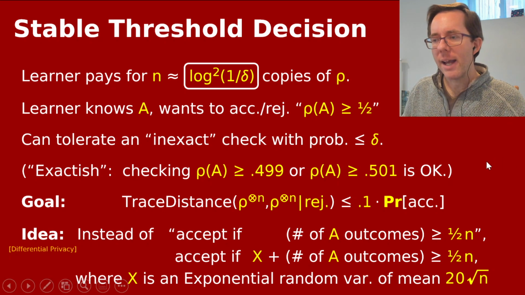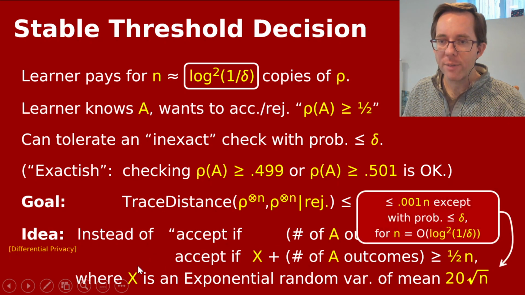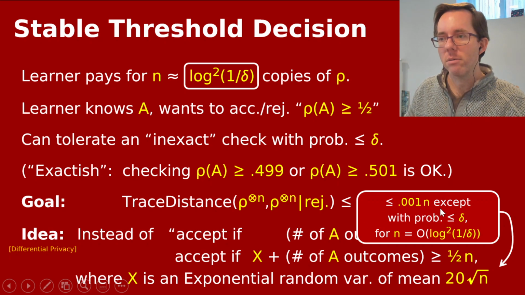And you can see that, first of all, as long as the random variable x, the amount of noise, is kind of similar to its mean, then we will be getting a pretty exact-ish check. The only case in which we'd be really worried about the exactness of our check is if the random variable x were bigger than, let's say, 0.001n.